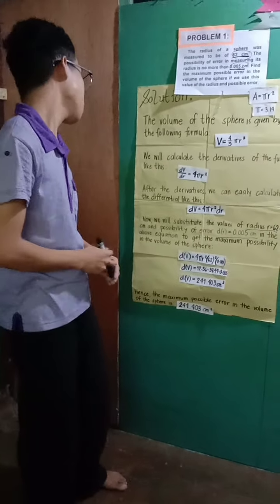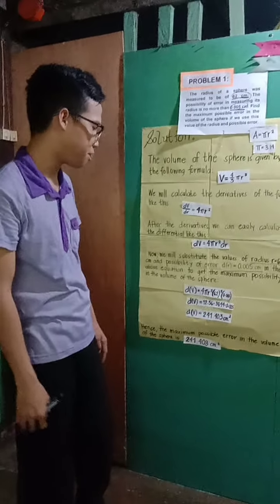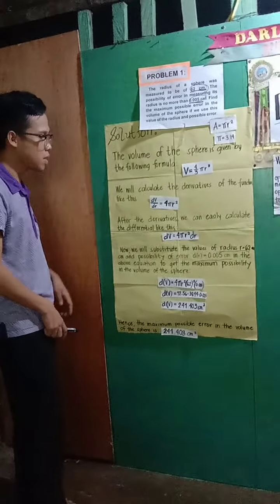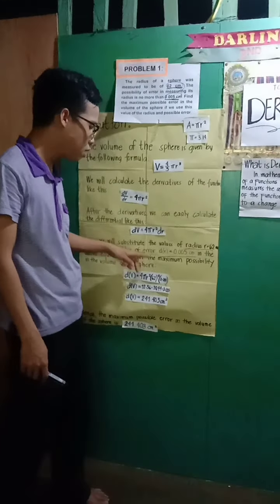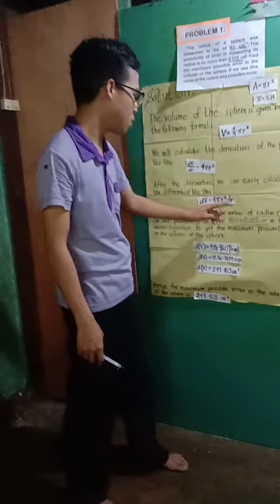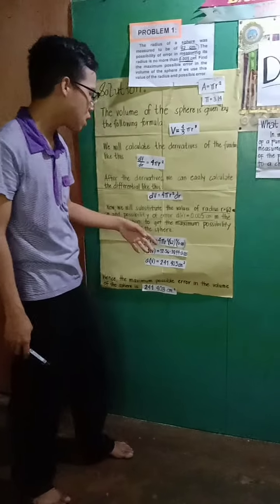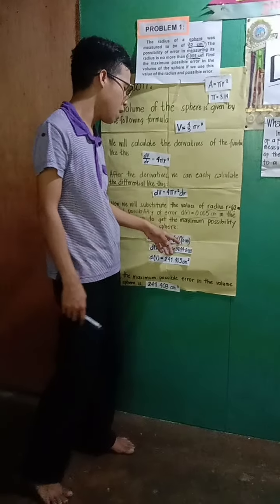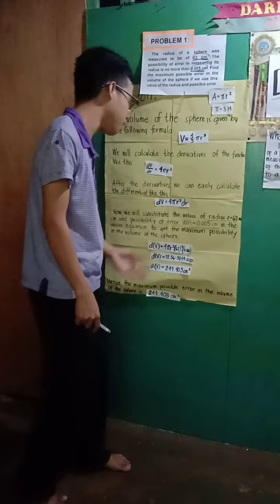So, to get the maximum possible error in the volume of the sphere, dV equals 4 pi r squared times dr, which is 62 squared times 0.05, the possibility of error.